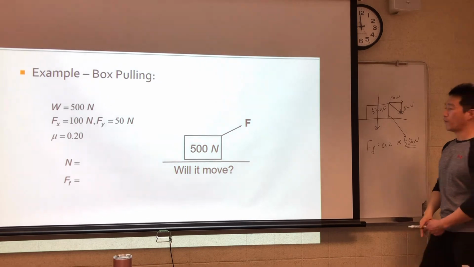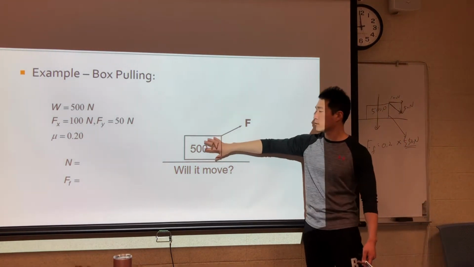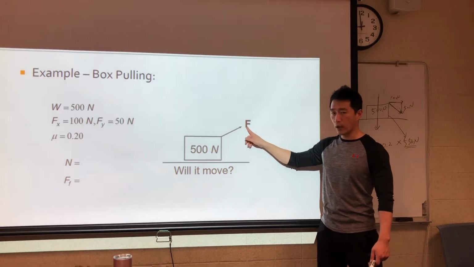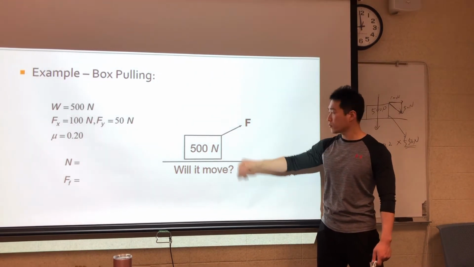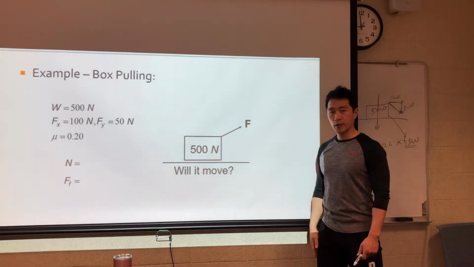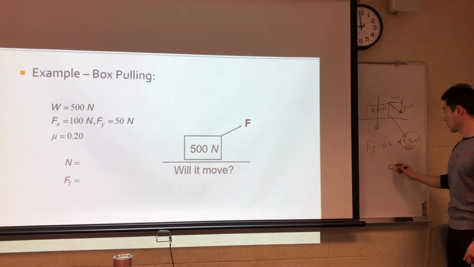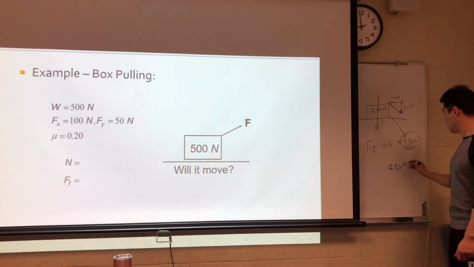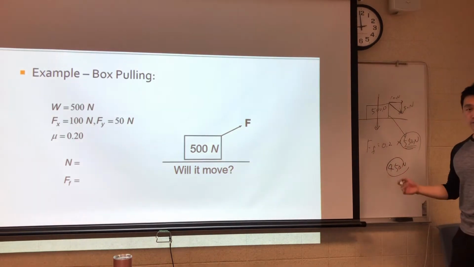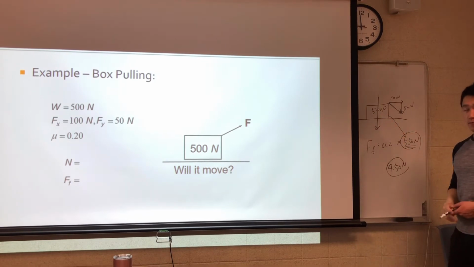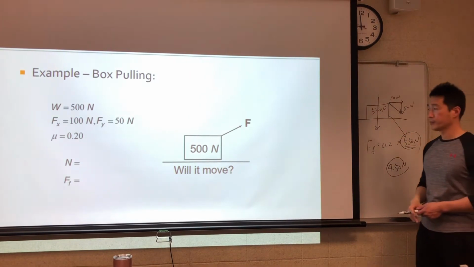Which means for a given object and for a given force applied, depending on the direction of the force, friction will be different. This is different from the previous example, right? 450 Newton in terms of normal reaction force, depending on the direction of my pulling force.